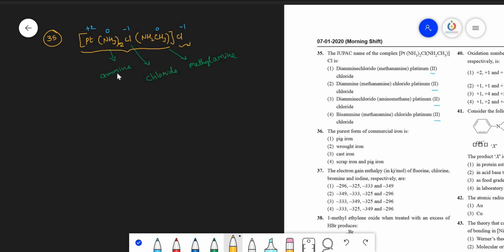These ligand names also have to be mentioned in alphabetical order: A, C, M. Moreover, two ammines are there, so we write diammine, next chlorido, methylamine, platinum(II) chloride. So option 1 is correct: diammine chlorido methylamine platinum(II) chloride.